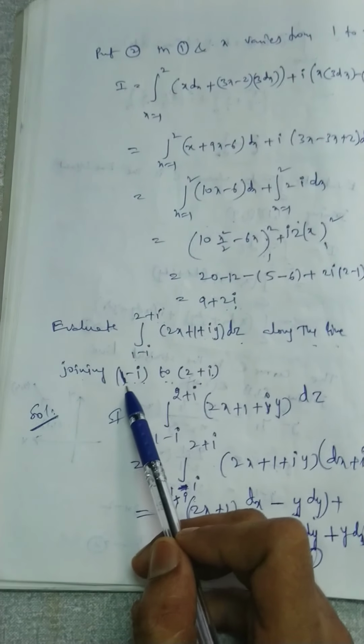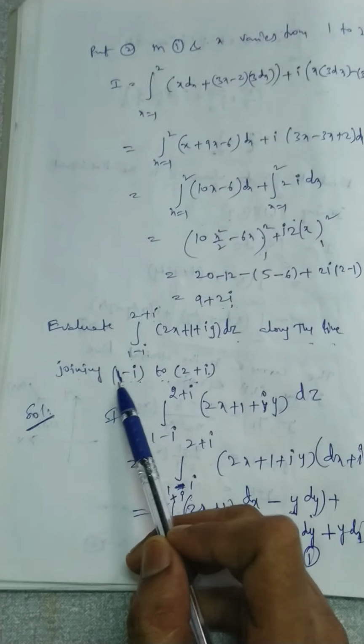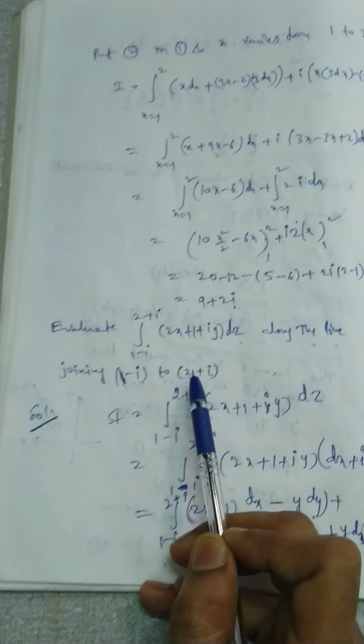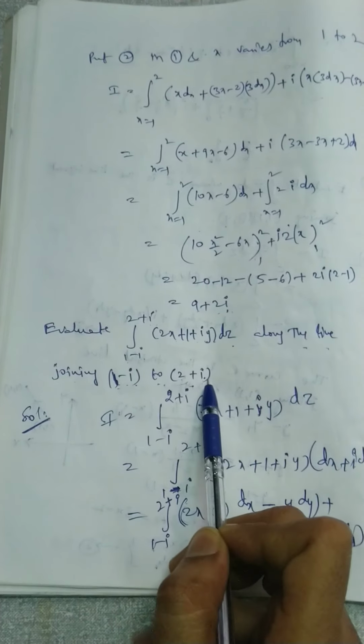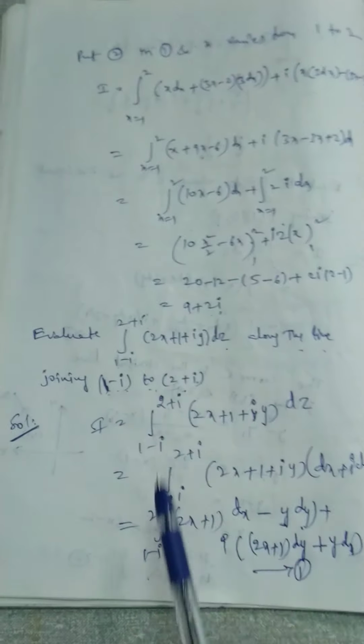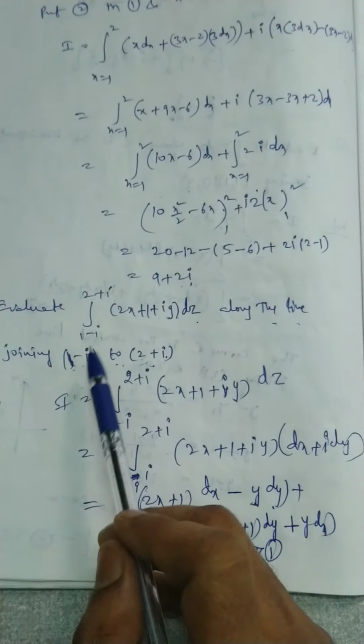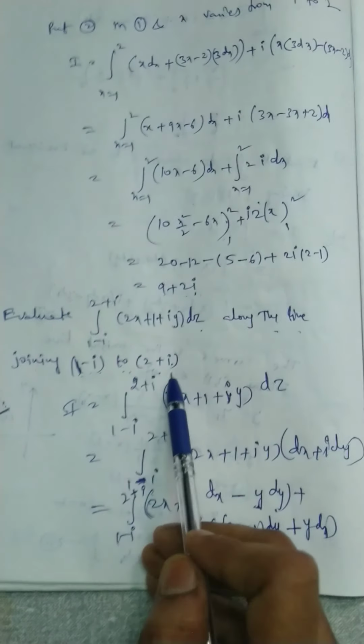So you just rewrite 1 minus i as 1 comma minus 1, and 2 plus i as 2 comma 1, and find the equation of the line joining 1 comma minus 1 and 2 comma 1.